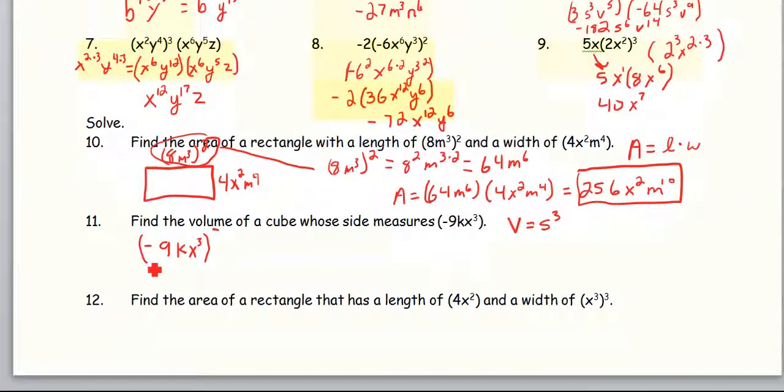So that equals -9 to the third, k to the third, x, and we add that exponent, so it's 3 times 3. So let's see, what is -9 cubed? So I believe that's -729 k to the third x, and then we just multiply those two together to the 9th.